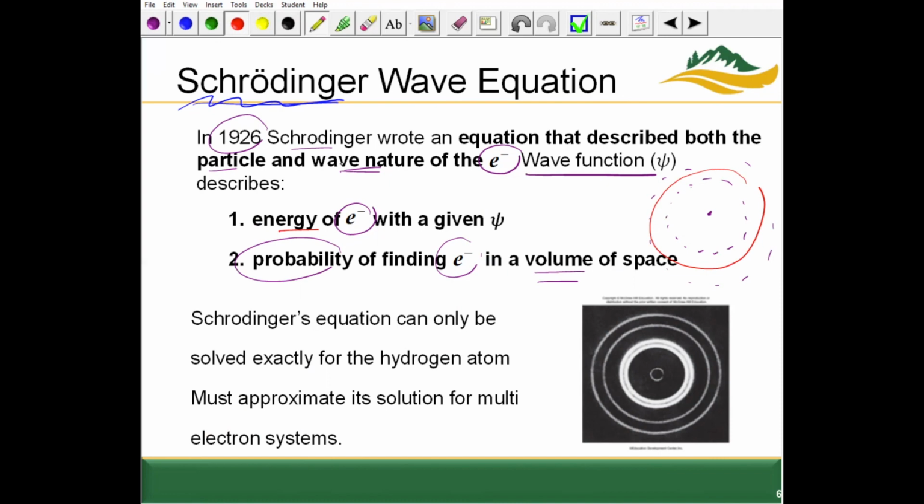So Schrödinger's wave function describes both the energy and the probability of finding an electron in a certain volume and the energy of that electron in that given volume. It gets more complicated if we have more than one electron that's around the nucleus. So the one element that has only one electron is hydrogen. It gets even more complicated if we have multi-electron elements.